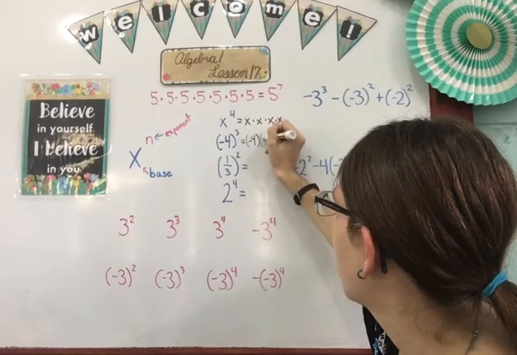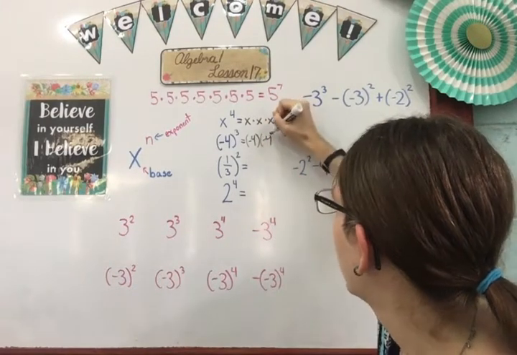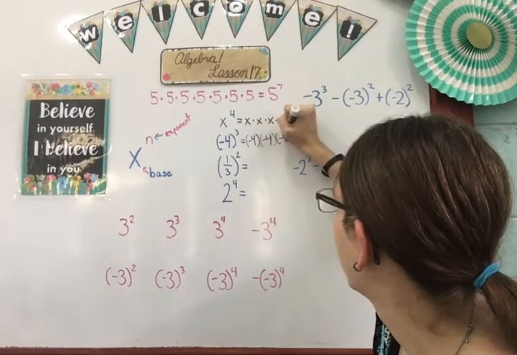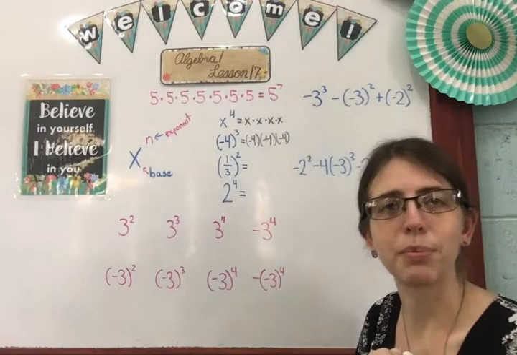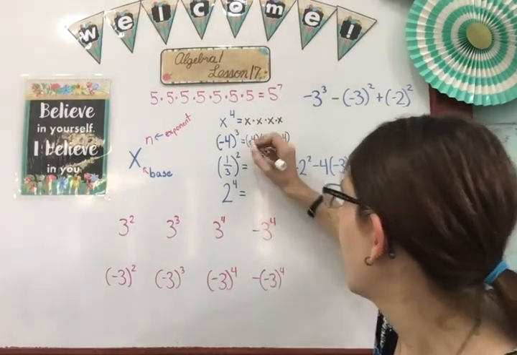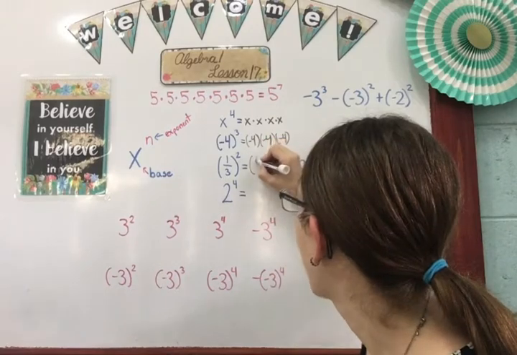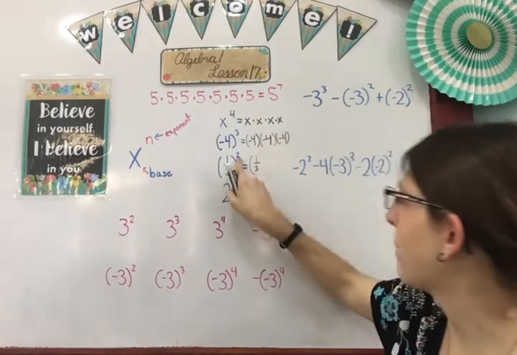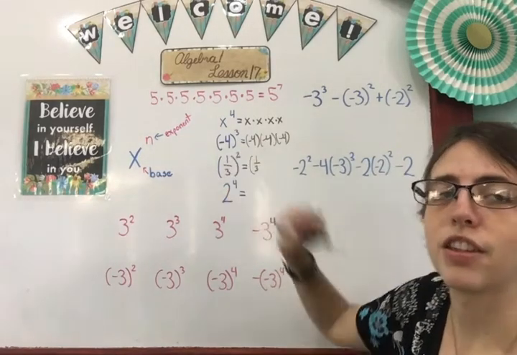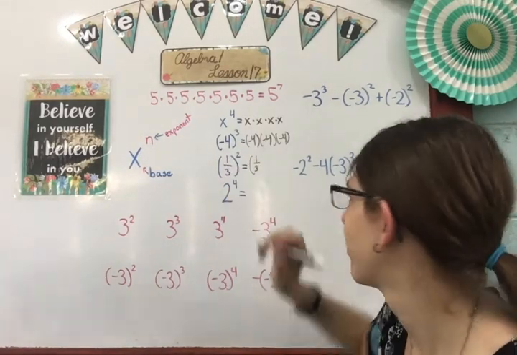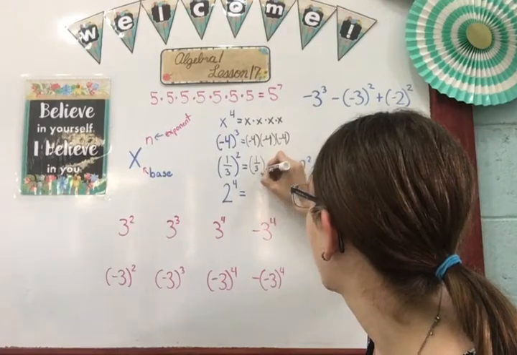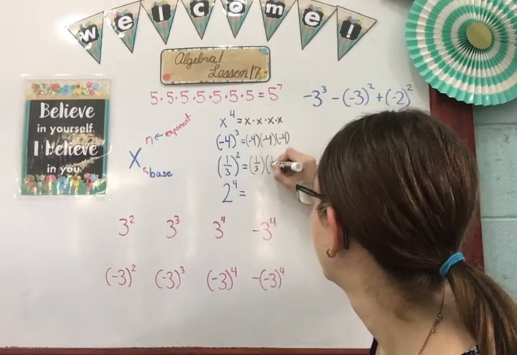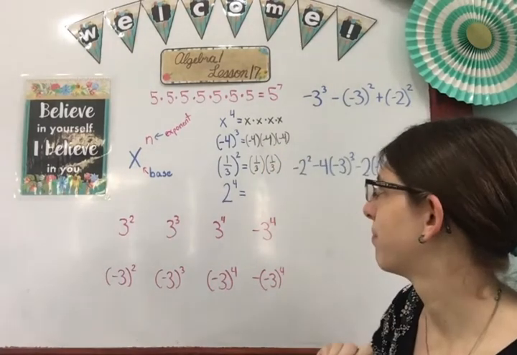So that would be negative 4 times negative 4 times negative 4. I have 3 negative 4s that I'm multiplying together. 1/3 squared. Remember, when you have it to the 2nd power, we call that squared. Anything to the 3rd power is called cubed. So 1/3 squared is 1/3 times 1/3.